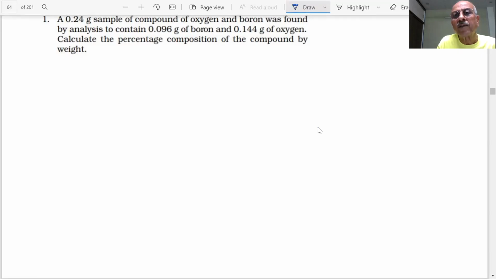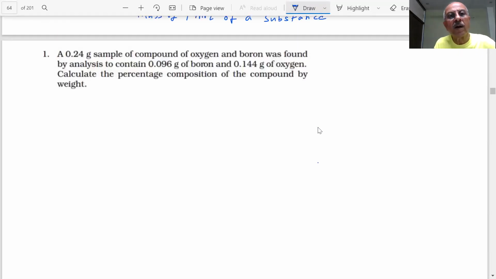What are we discussing, students? NCERT exercise, chapter number 3, that is Atoms and Molecules. First question is on the screen, students. You are getting 2 minutes to answer this question. Read the question carefully and then answer.